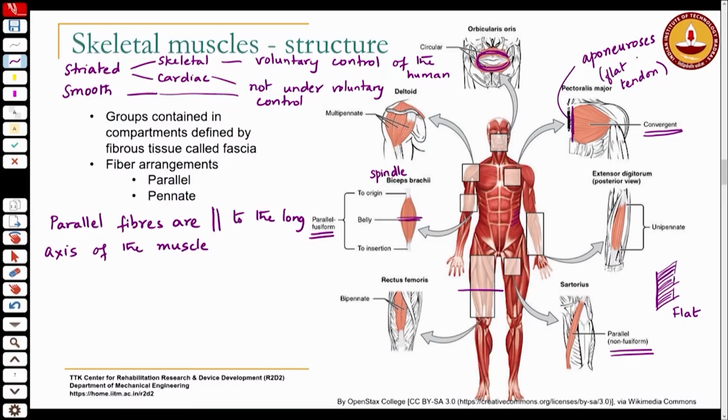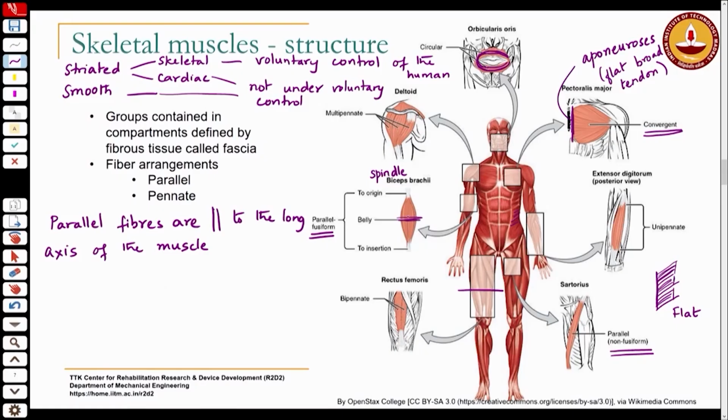So, a flat broad tendon is called the aponeurosis. Now, the thing about this parallel arrangement is you can get a greater range of shortening, especially if you look at a fusiform, where the muscle length equals the fiber length.